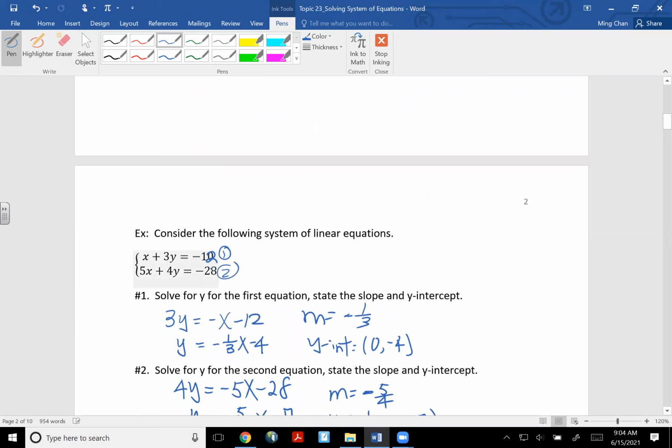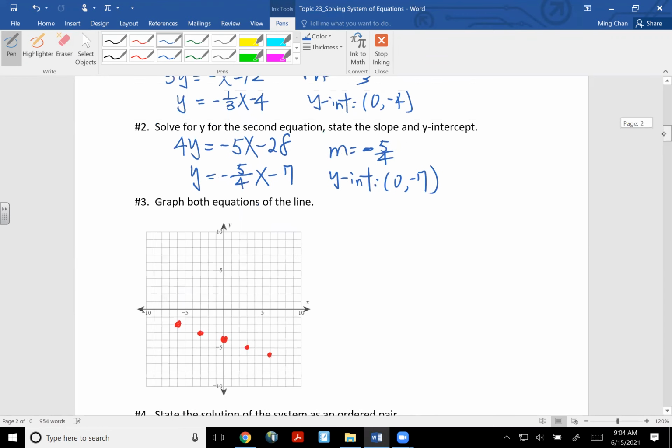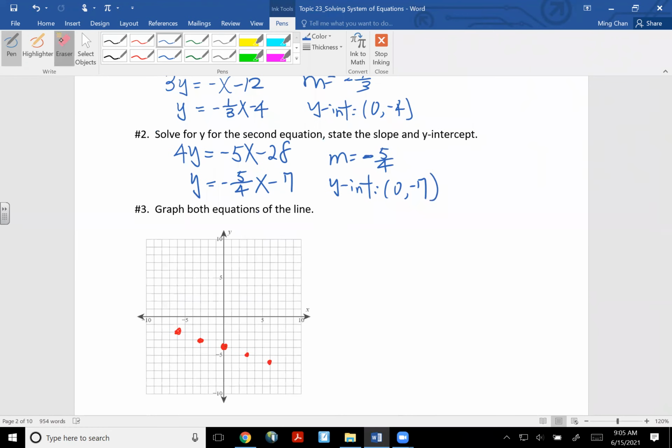If I change this to maybe a -4, hopefully that'll work out. That'll be -1. So it's (0, -1).